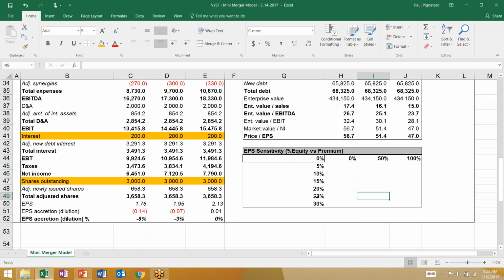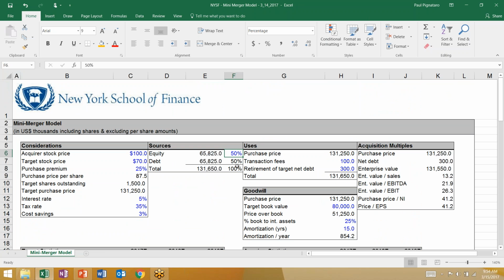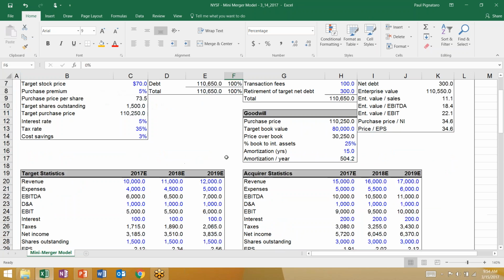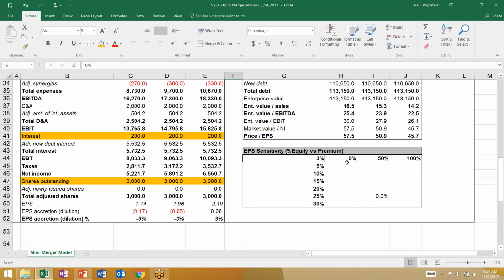And let's say, for example, what if I run a 100% debt or 0% equity, 5% premium case? Well, if I run the model with 0% equity, 5% premium, the results of that model should be placed here. 0% equity, 5% premium, it looks like 3%.